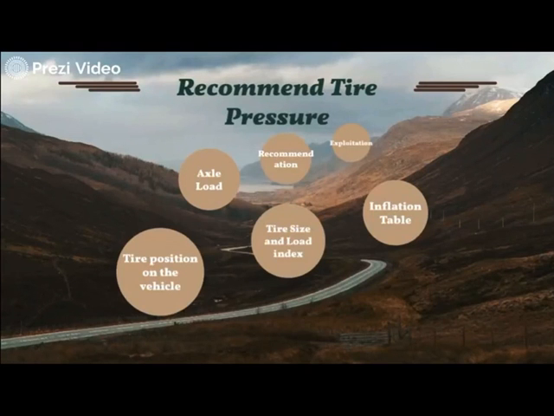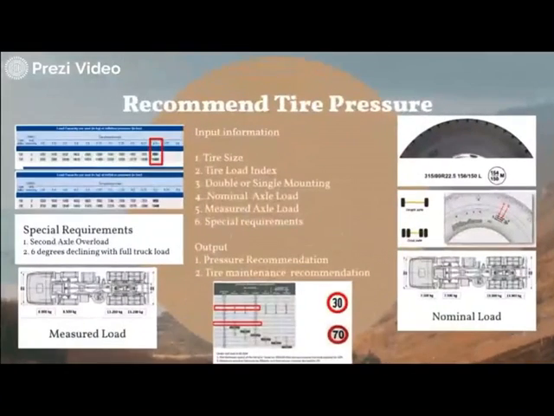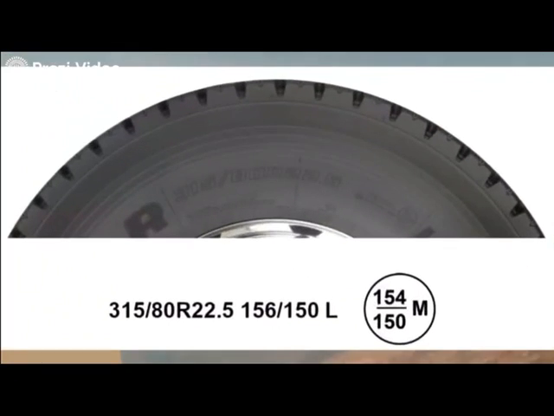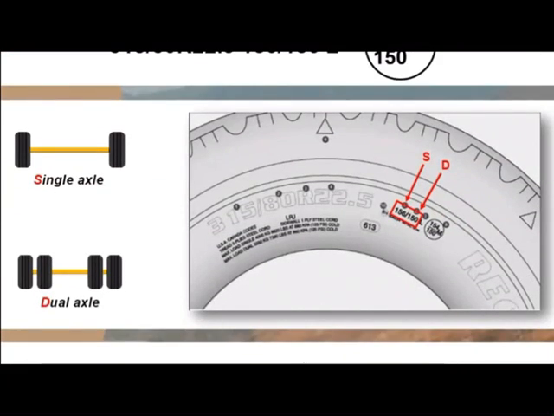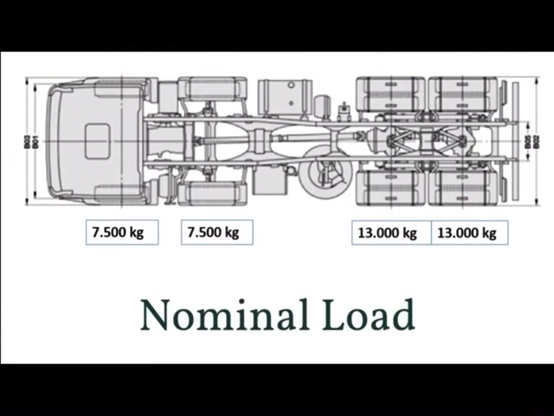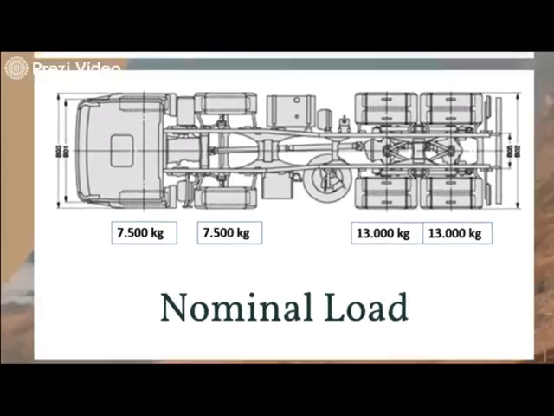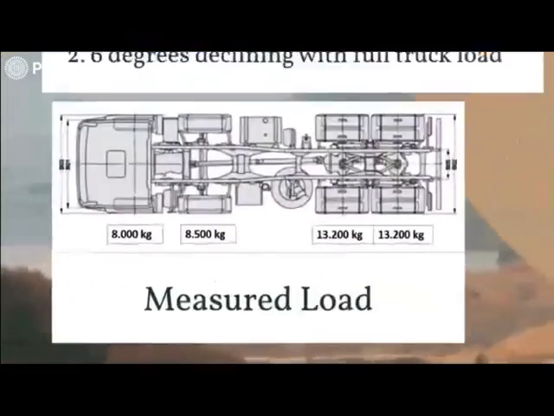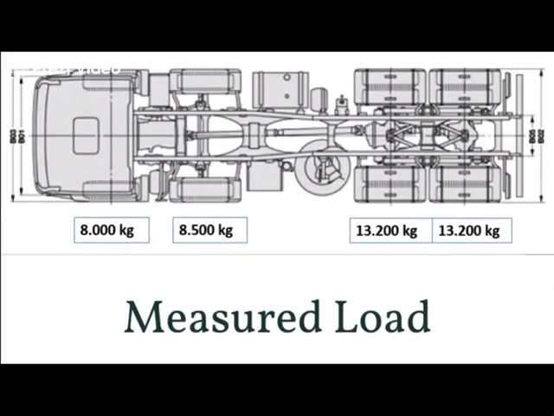Now we are prepared to recommend the pressure. We know tire size, we know load index in single and dual axle, we know nominal load, but please do not recommend a pressure related to this nominal load before checking the actual measured load. There can be a difference.